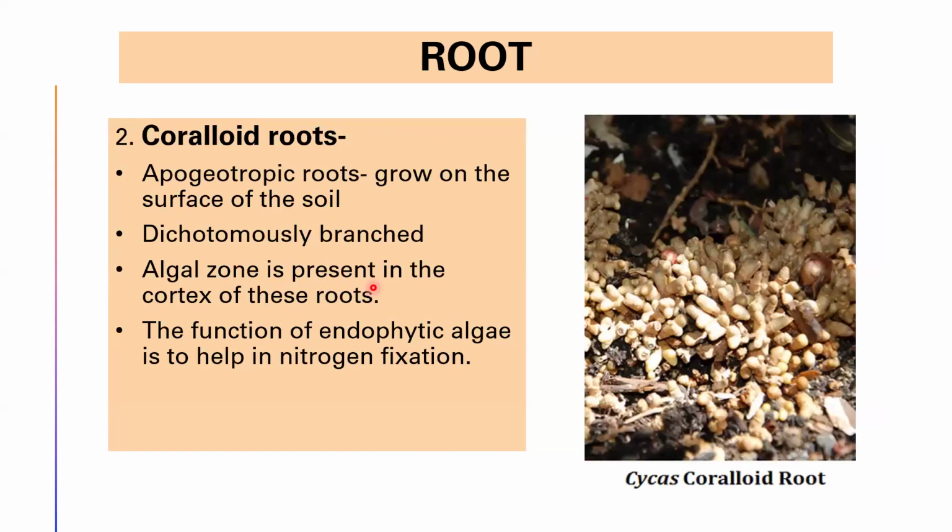Coralloid roots are apogeotropic in nature, which means they grow over the surface of the soil. They show dichotomous branching. You can understand what we mean by the term dichotomous: if there is a single node from where branches of any root or stem arise, a single point will give rise to 2 branches at the same time.